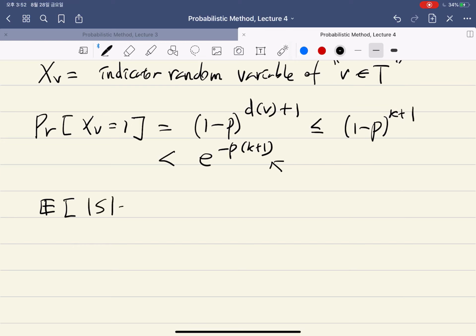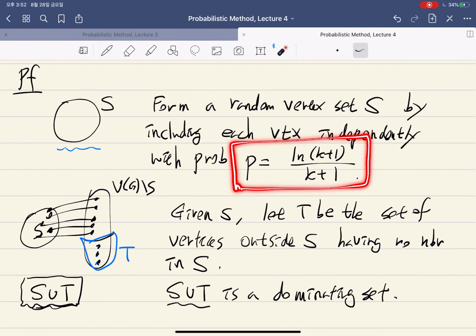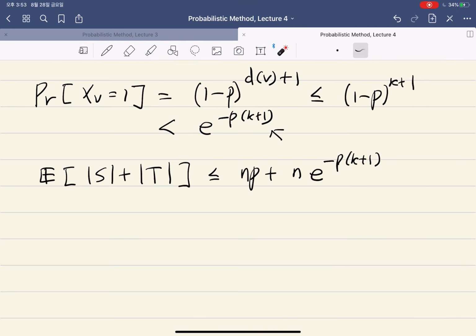So what do we get? We know that the expected size of S plus T is at most NP plus N times e to the negative P times (K plus 1). But what was P? P was log(K plus 1) over (K plus 1). So this becomes negative log(K plus 1). E to the negative log(K plus 1) is just 1 over (K plus 1).